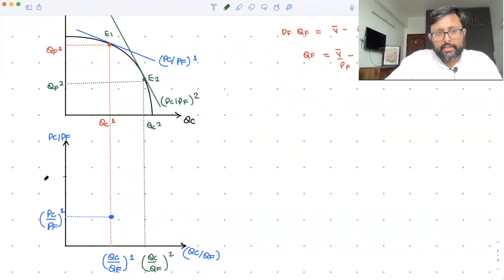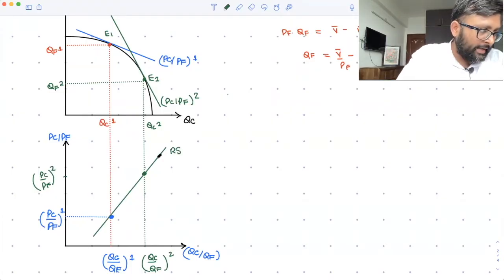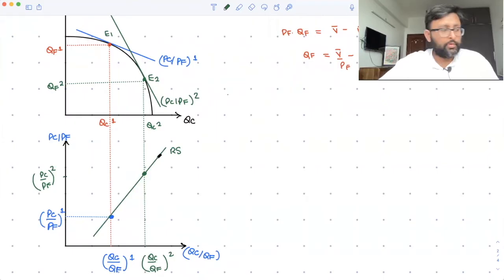So what has happened is that when PC by PF has increased, the economy has started producing relatively more of cloth. This is the relative supply curve of the cloth, right?